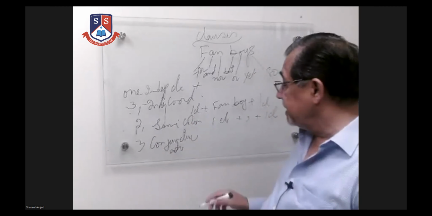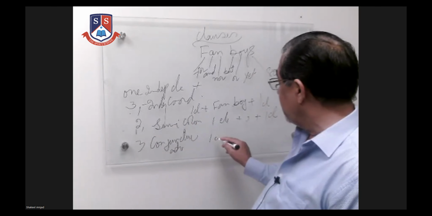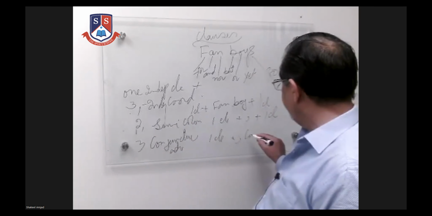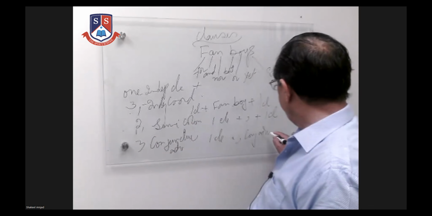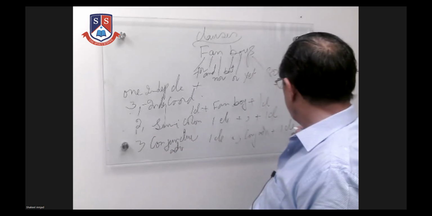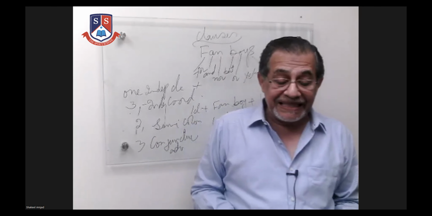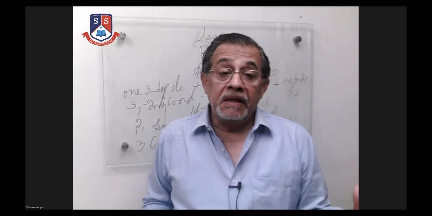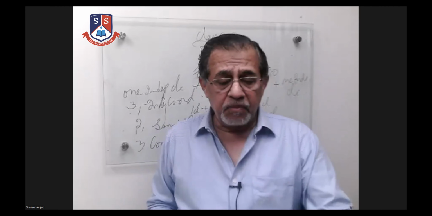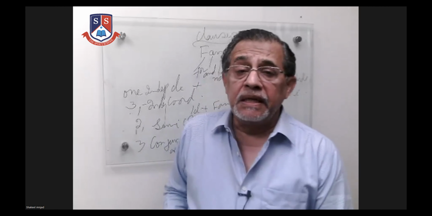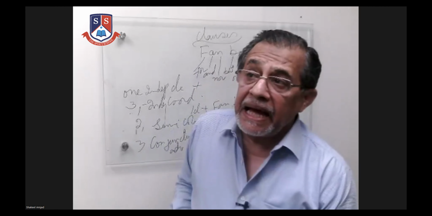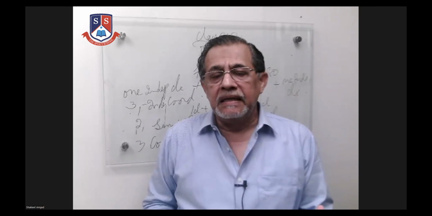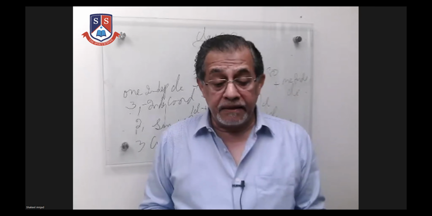One clause plus semicolon plus conjunctive adverb plus one clause. So this is the third possibility. Conjunctive adverbs like however, nevertheless, and there is a detail of conjunctive adverbs. These can add another independent clause over the previous clause and can make a compound sentence.